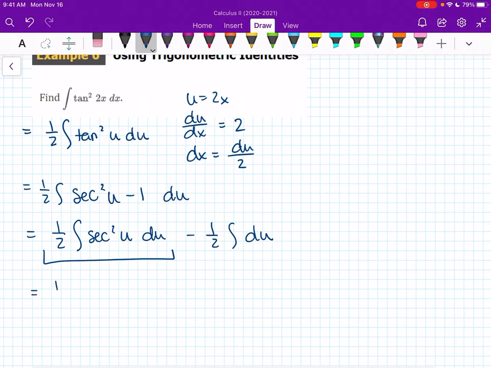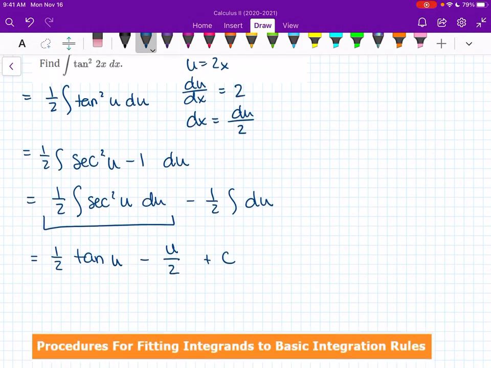So when I take the antiderivative, I get 1/2 tangent of u minus, and then we have our good old friend power rule over here, u over 2 plus c. And then go ahead and substitute back in that u value. So I have 1/2 tangent of 2x minus 2x over 2, which is just x, plus c.